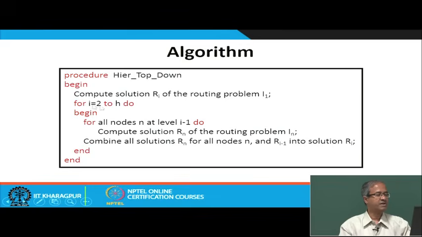For all nodes at level I plus 1, you compute the smaller sub problems using some method like integer programming, then combine all the solutions. You do it level by level, you go on doing this. So, conceptually this is simple.